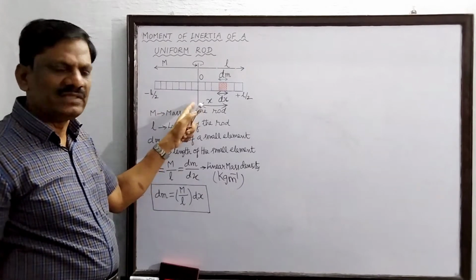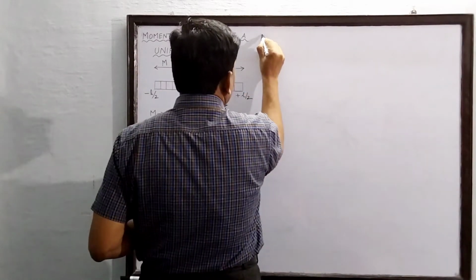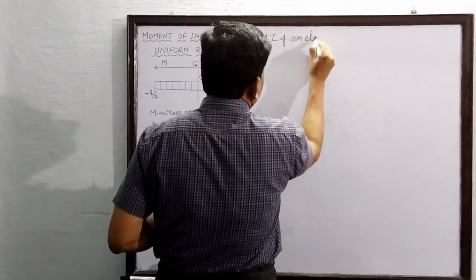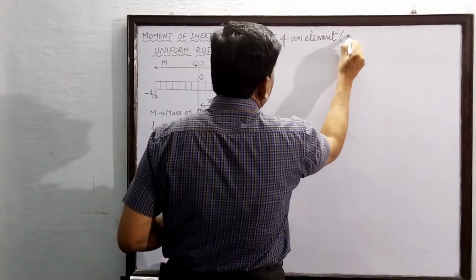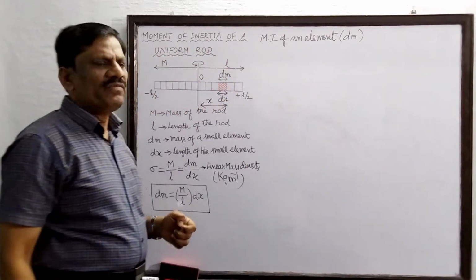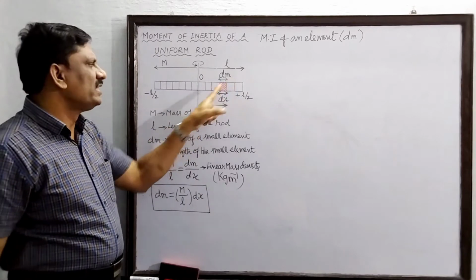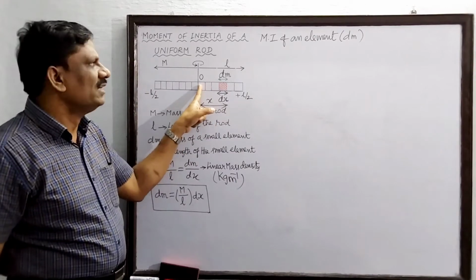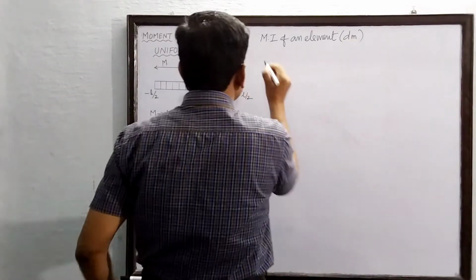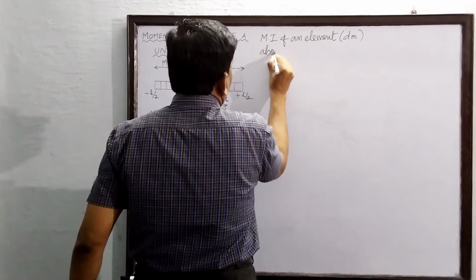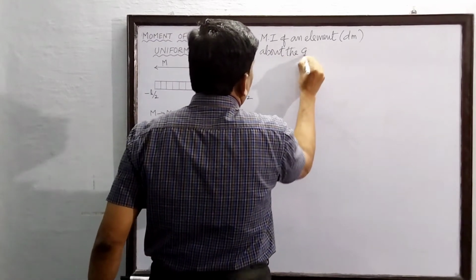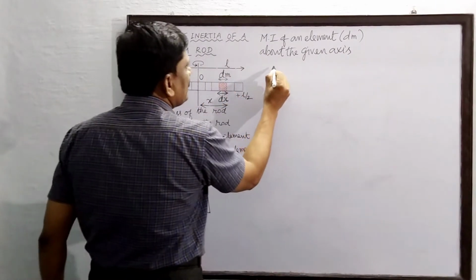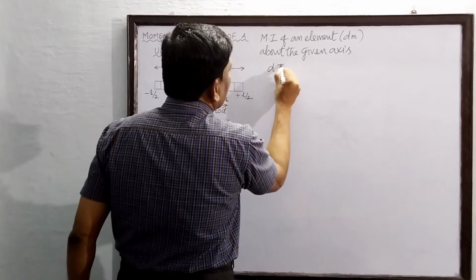Now, the moment of inertia of an element dm, which we have considered in this picture, which is at a distance of small x from the central axis. So moment of inertia of an element dm about the given axis passing through O, that is equal to dI.